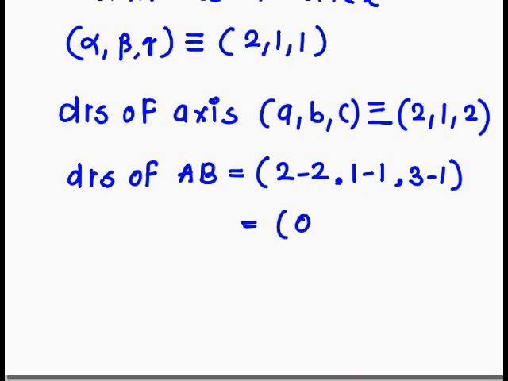0, 0 and 2. So now we have the DRs of the axis, that is 2, 1, 2, and the DRs of AB, say a dash, b dash and c dash.